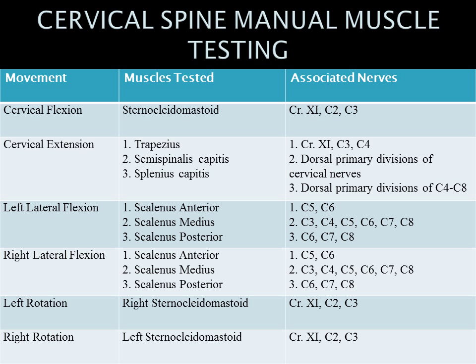The semispinalis capitis is innervated by the dorsal primary rami of cervical spinal nerves, and the splenius capitis is innervated by dorsal primary divisions of C4 through C8. So here's a unique example of how we're testing dorsal primary rami, whereas most of our testing, at least as it's described in the AMA guides, involves testing the anterior primary rami.